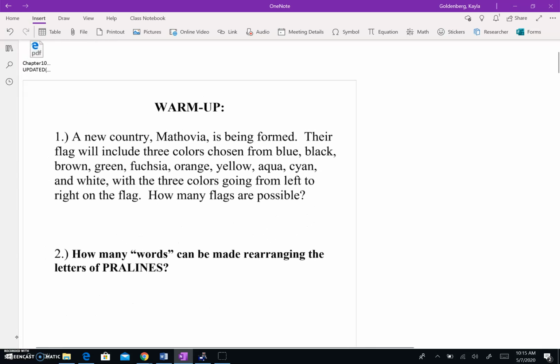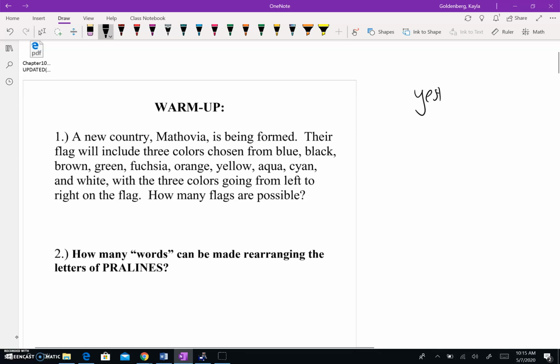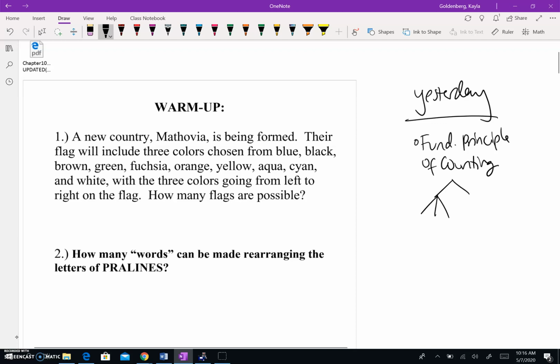So yesterday, your two key videos that you learned, we looked at counting, right? We looked at specifically the fundamental principle of counting. Right? And it was basically counting outcomes if you have decision 1 that has 2 options, decision 2 that has 3 options, and decision 3 that has 2, right?